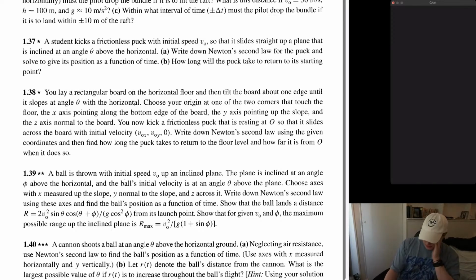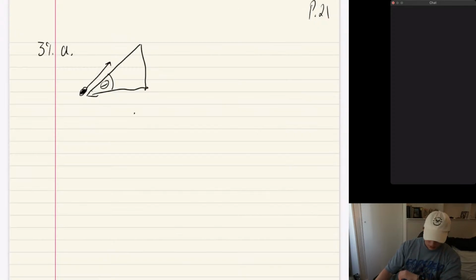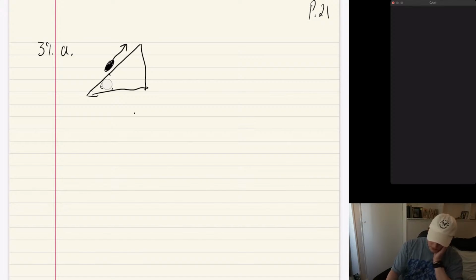Okay, the puck goes up at V0. Maybe draw the puck, oh, I'm not sharing my screen again. Let me draw the puck in the middle. So it goes up, like that. Make the theta smaller.